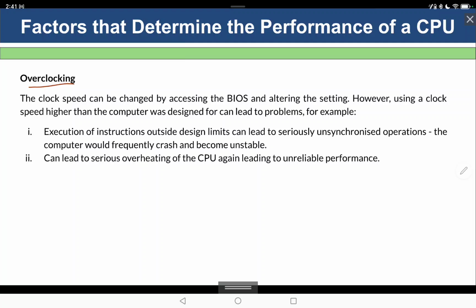However, this can also lead to some problems. Executing instructions outside the design limits can lead to unsynchronized operations, and the computer would frequently crash and become unstable. Also, it can lead to overheating of the CPU, which will then lead to unreliable performance.